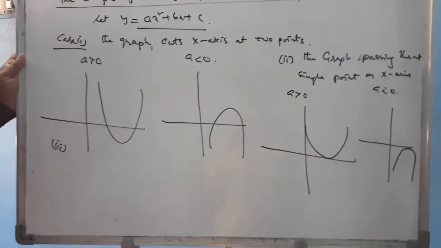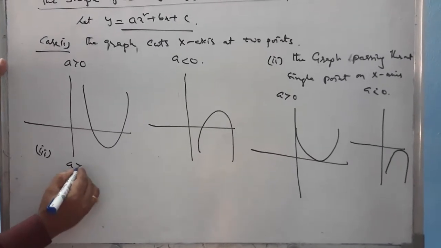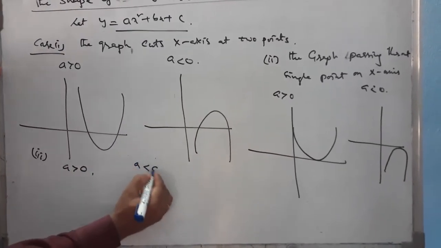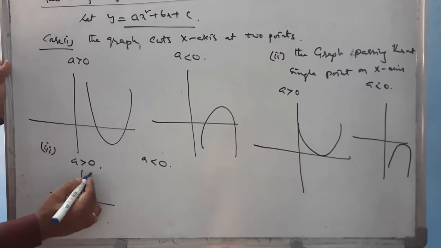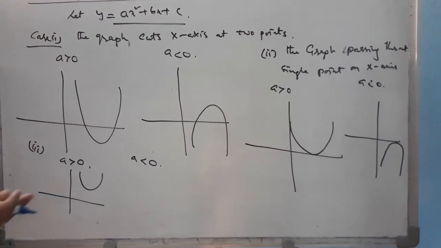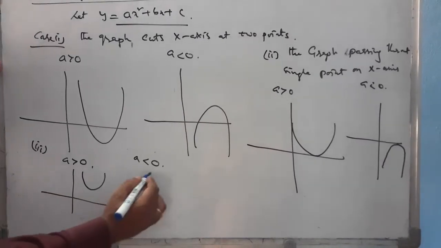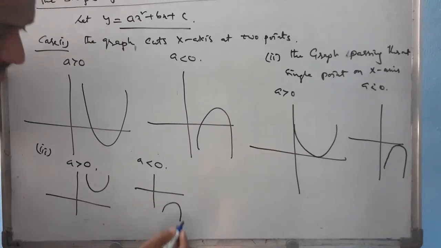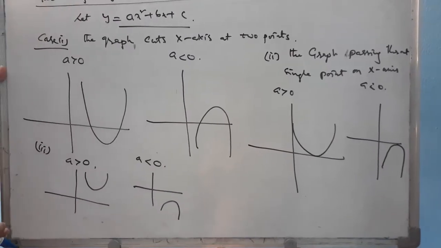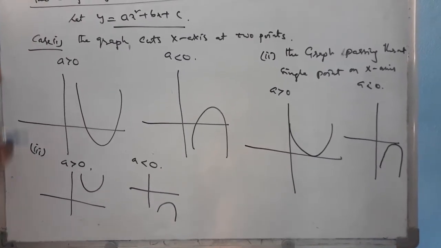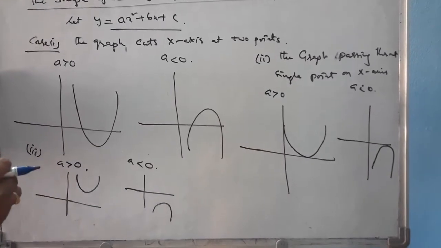In this also we have two cases: one is a greater than 0, the other a less than 0. If a is greater than 0, the graph is a U shape and it does not cut the x-axis. And if a is less than 0, it is below, the reverse of the U.